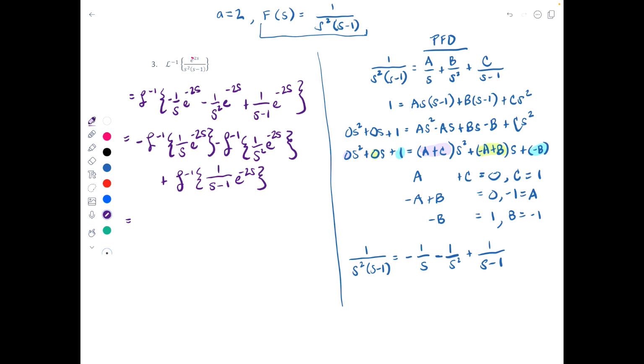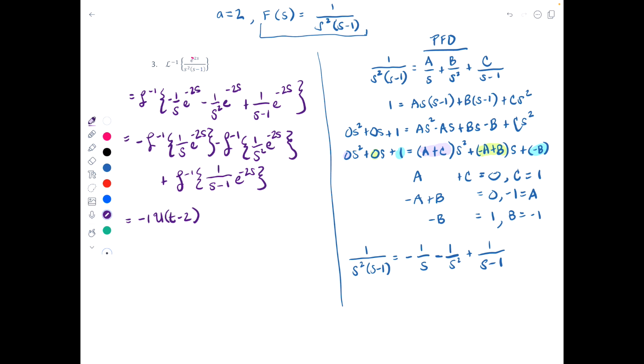That will equal negative 1 times, this will just be our unit step function. I'm sorry, I keep saying vector. Our unit step function at t minus 2, and that's times our negative 1.